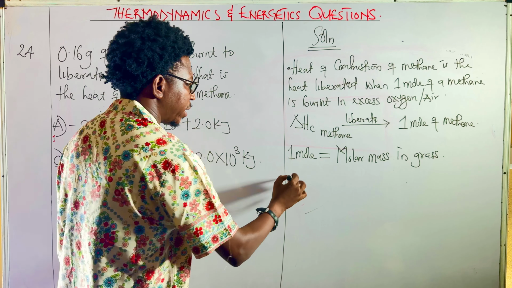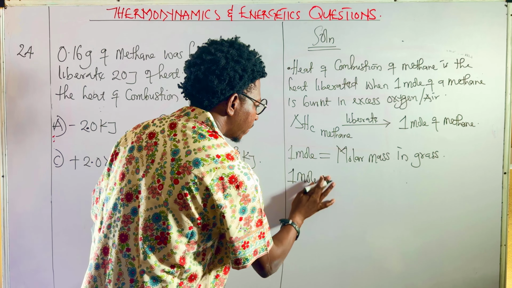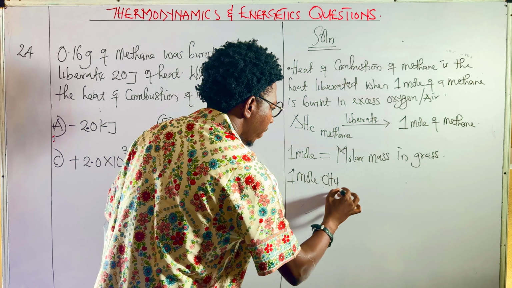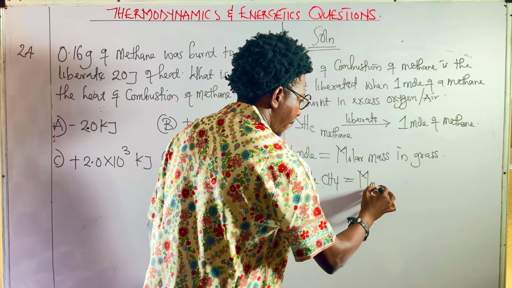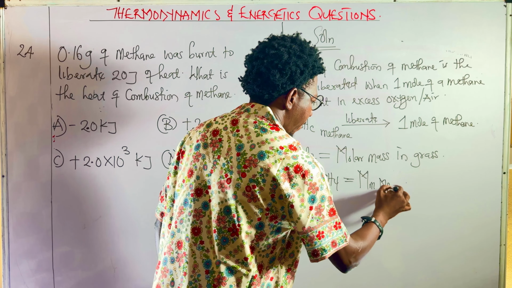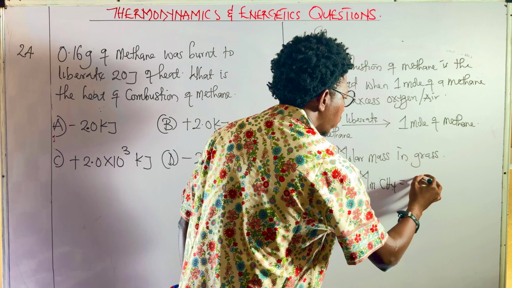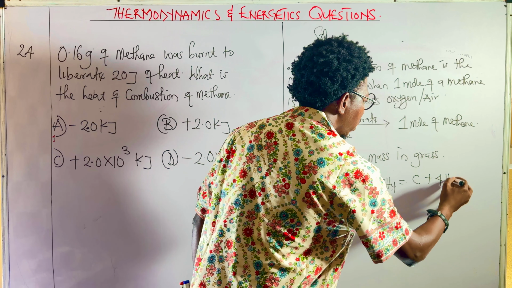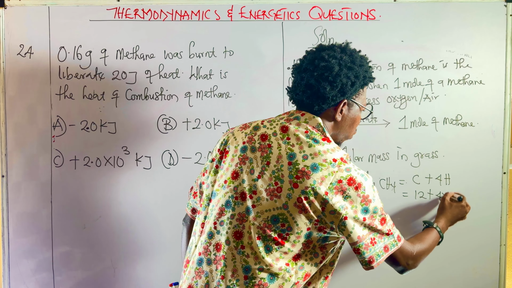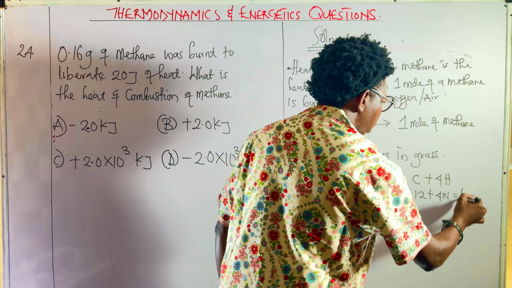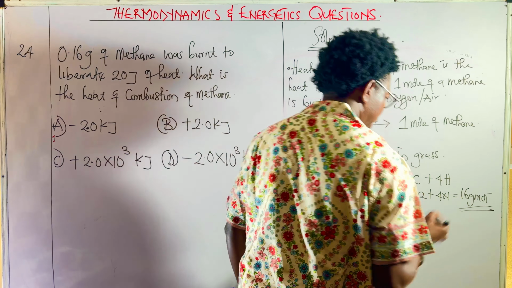So 1 mole of methane will be equal to the molar mass of methane, which is equal to C plus 4H, which is equal to 12 plus 4 times 1. Simply, we are going to have 16 grams per mole.